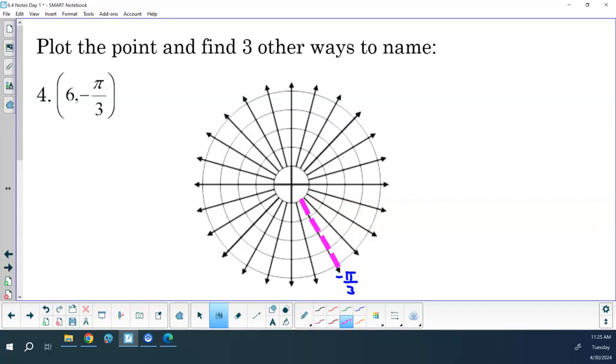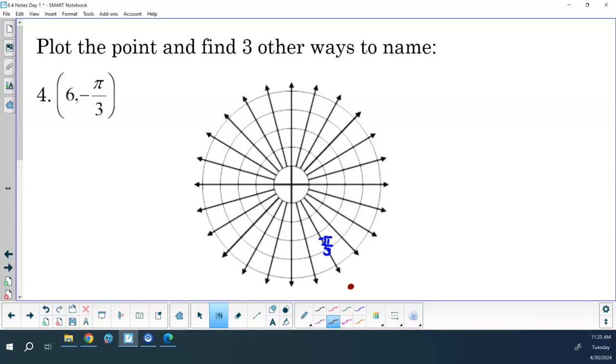Yep. They're by 15s, so I need to go 4 in the negative direction. 1, 2, 3, 4. So there's that. We need to be out 6. 1, 2, 3, 4, 5, 6 would be out 1 more ring right there. Yes? So that is where that point is.